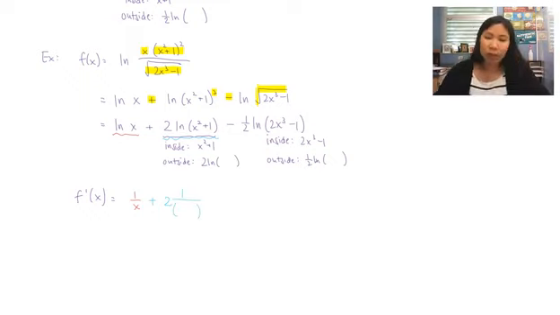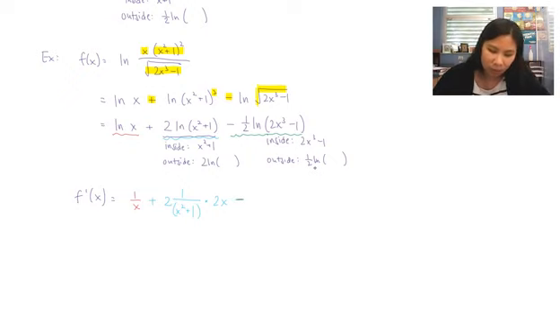So we'll use the natural log derivative rule. It'll just be 1 over whatever was inside the parentheses, so that'll be x squared plus 1. And then multiply that by the derivative of the inside. The inside was x squared plus 1, so the derivative of that would be 2x.